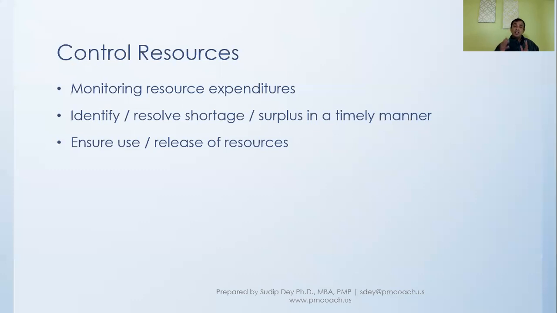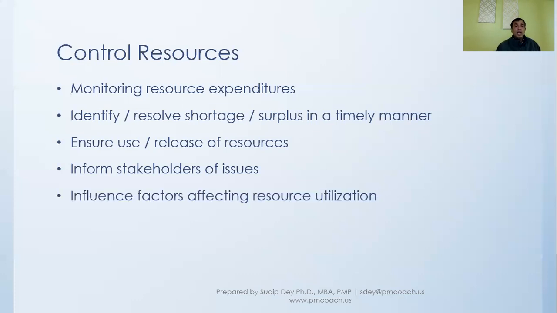And secondly, these resources can go and do some productive work in another project in the organization. So we have to keep that in mind. And if there are any resource issues, we will have to keep stakeholders informed. Not only informed, a lot of times you'll find that stakeholders will be able to help you in resolving those issues.